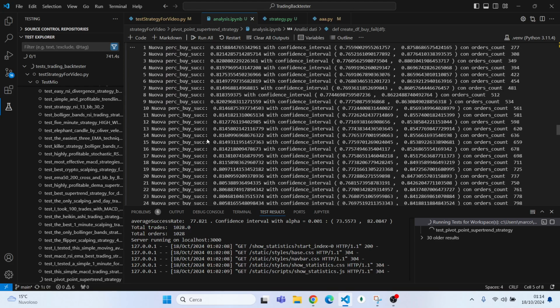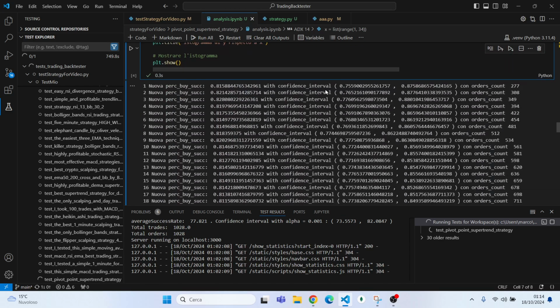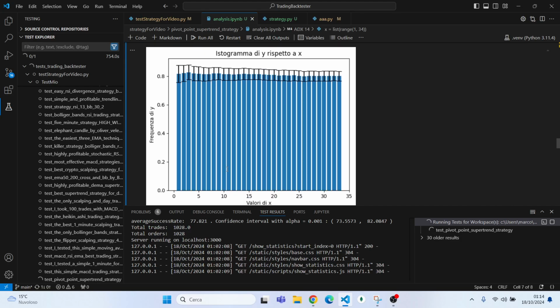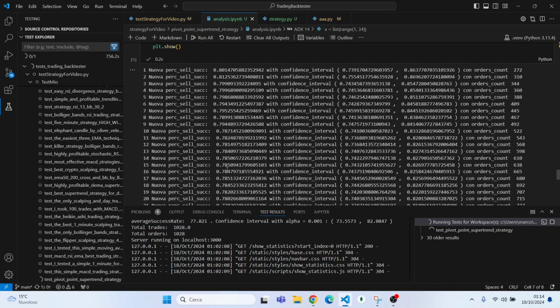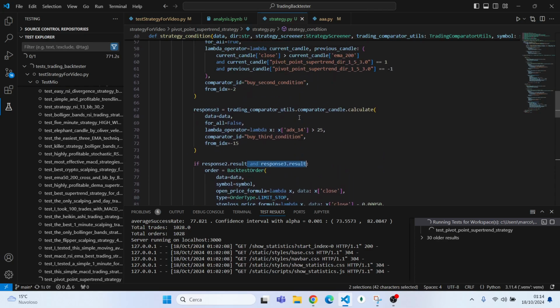I found that if you check the last 15 candles for at least one ADX 14 above 25, the new average success rate would have been 81% in buy, and in sell it would have been like 78.5. So it's an improvement for today's video and today's strategy. So let's add it and let's see if it can improve the strategy.